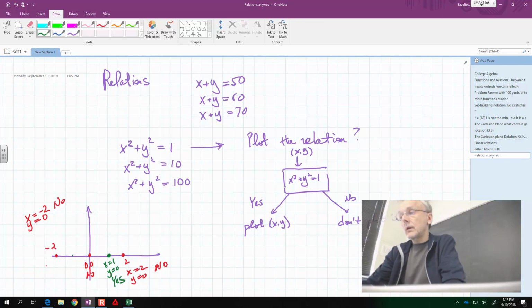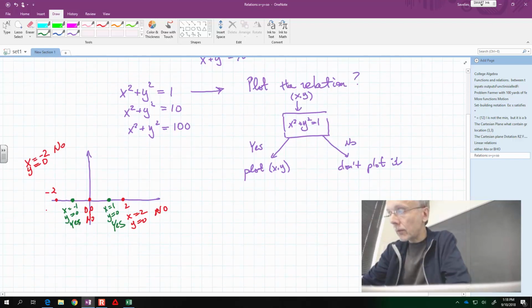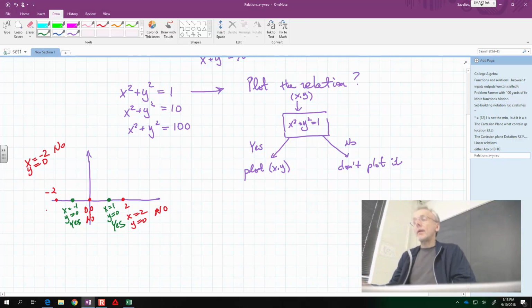Here is another one: x is equal to -1, y is equal to 0, also yes. So I plot the green ones and discard the red ones.